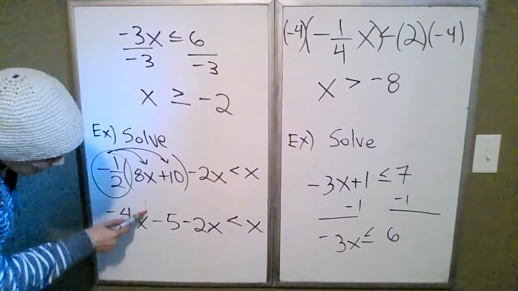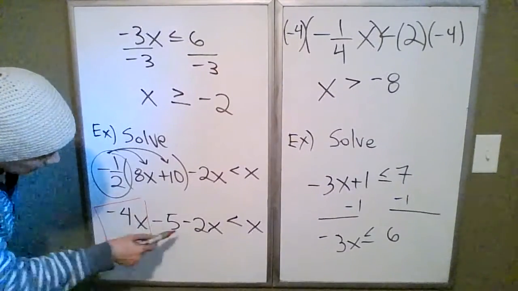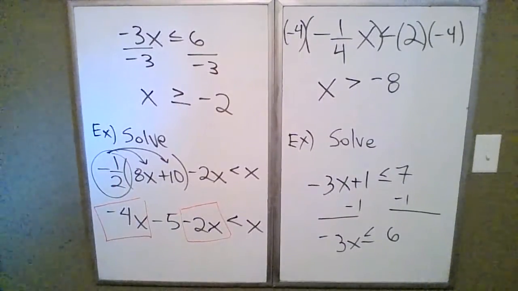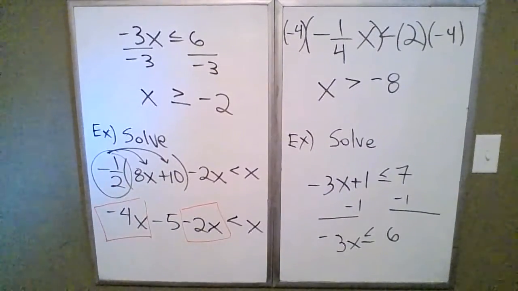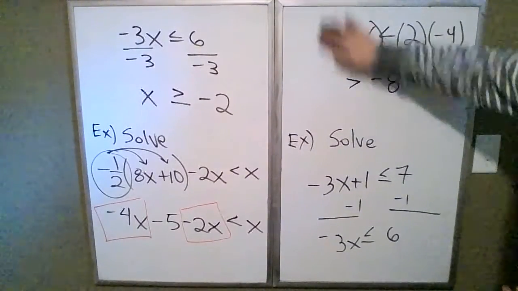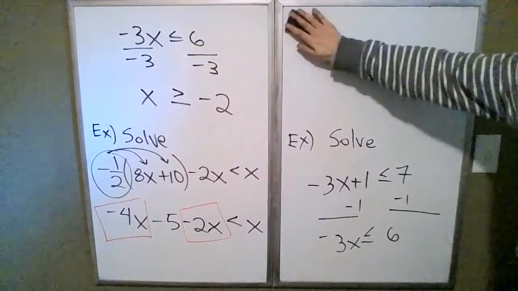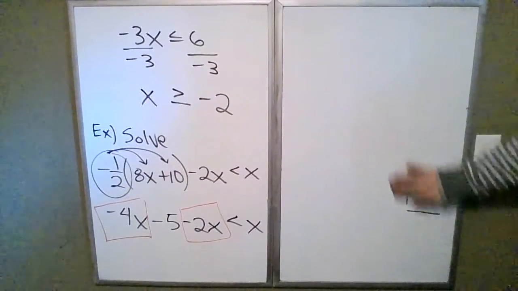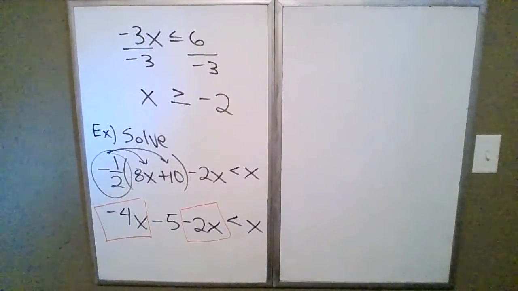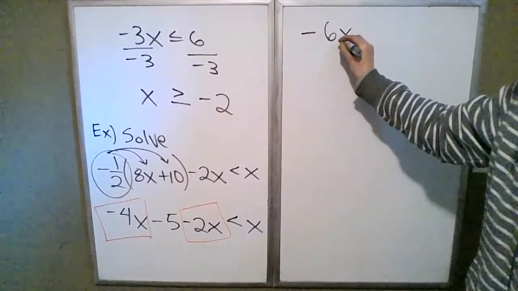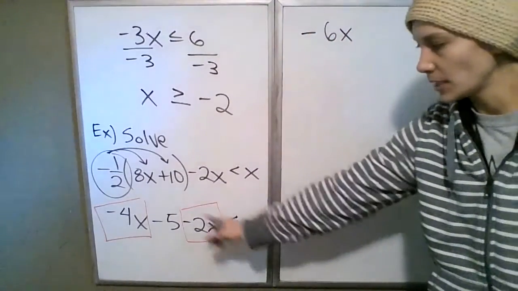I can put these like terms together. -4x and the -2x is -6x. Okay, I've got those x values together.